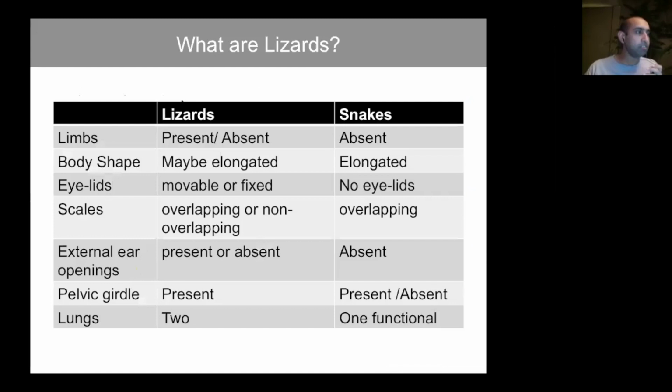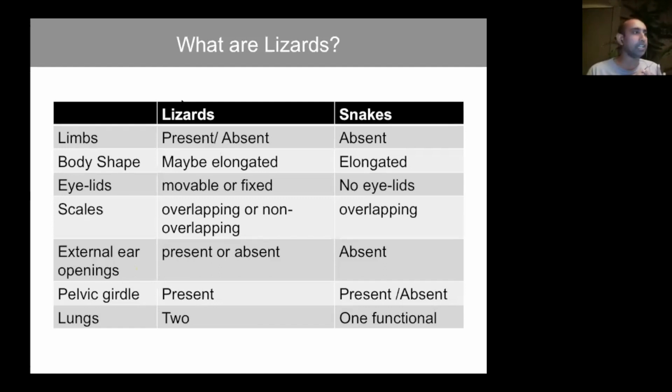So if someone asks me, what are the differences between lizards and snakes? How do you define a lizard, or how do you distinguish a lizard from a snake? People would definitely say, okay, the presence of limbs in lizards, and snakes don't have limbs, right?